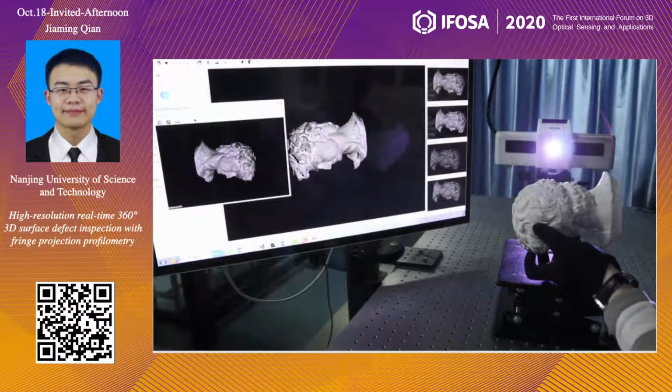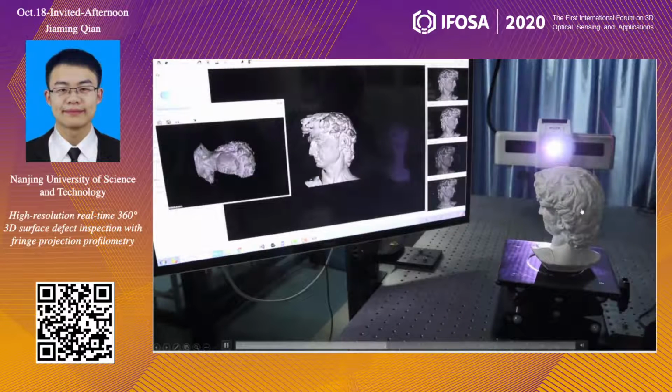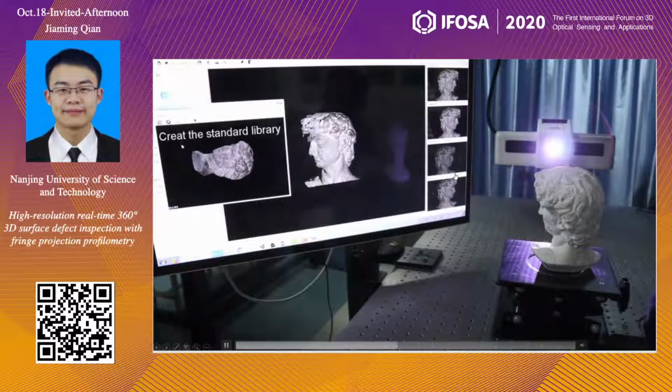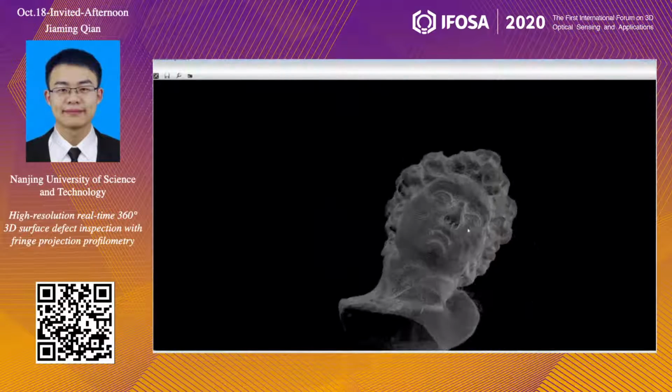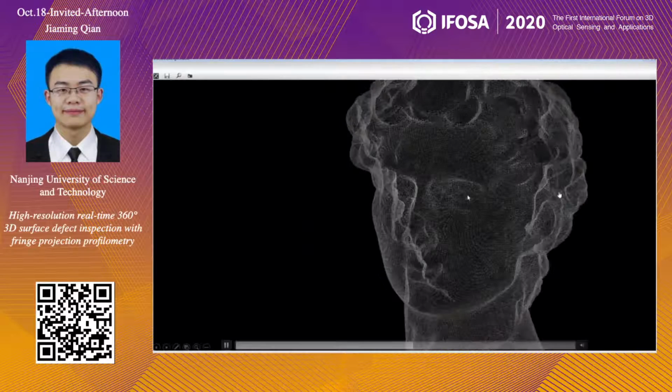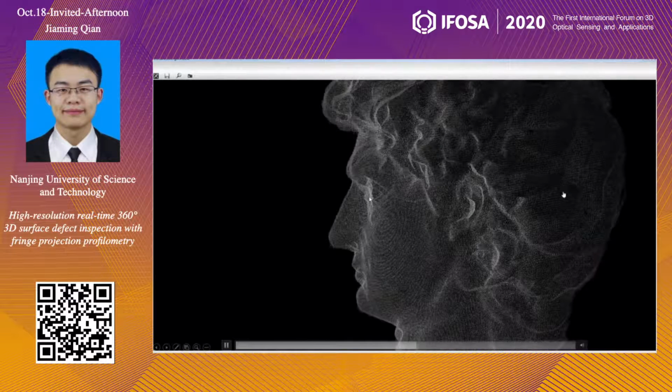After obtaining the 3D model of David, we can use it to create the standard library. And we can see that the data from different views are well aligned.